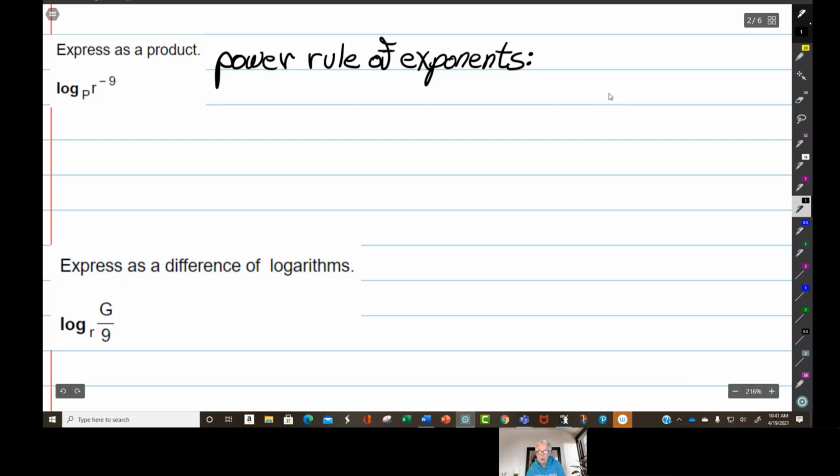And you've seen this before. Suppose you've got 3. I don't know why I'm using 3 as a base, but I am.